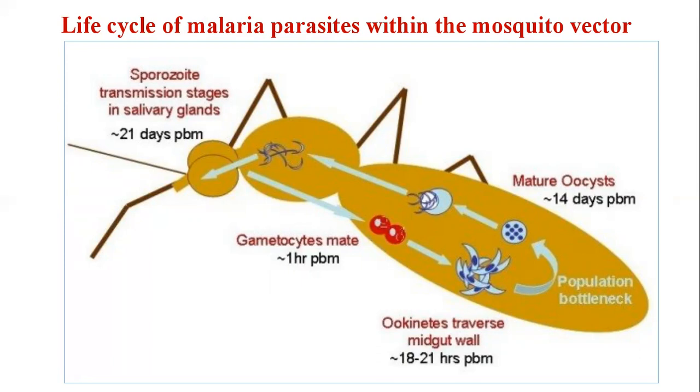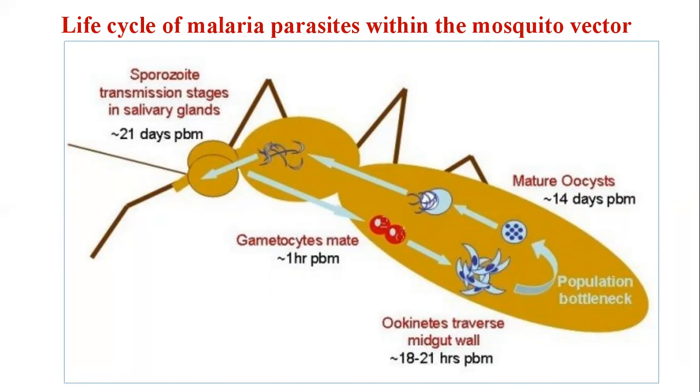The fertilized female gametes develop into an actively moving form. These are known as the ookinete form. Here you can see this is the ookinete form, and this development of ookinete happens in the gut of the mosquito.